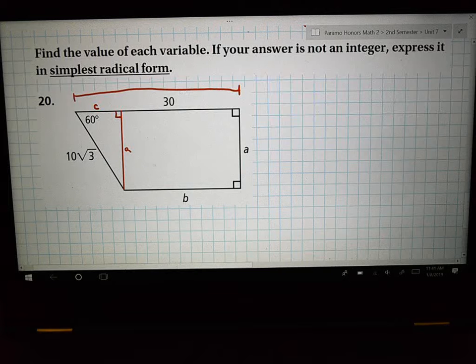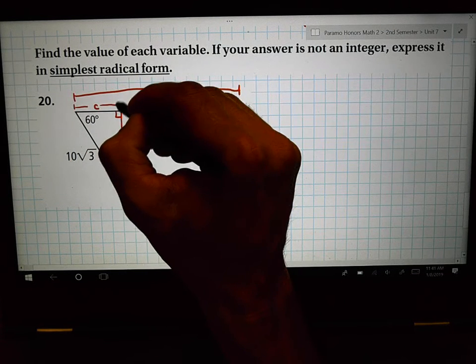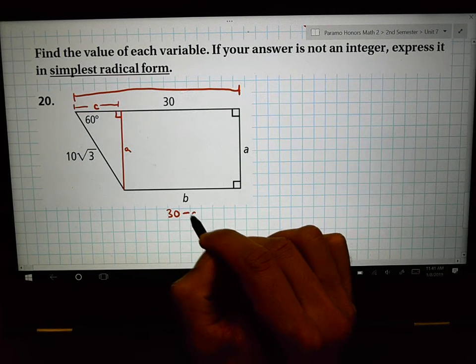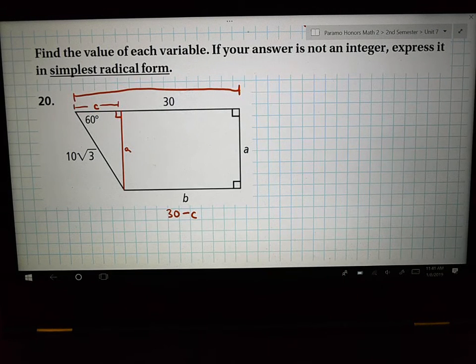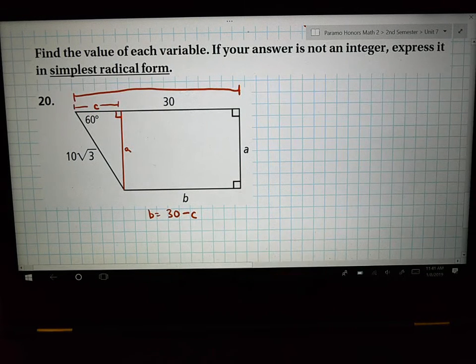And then what I could do is I could figure out that this distance B would be the same thing as 30 minus whatever that C distance is. So how would I do this?